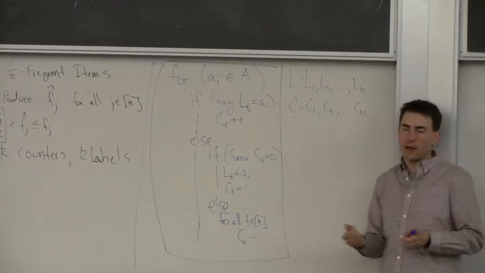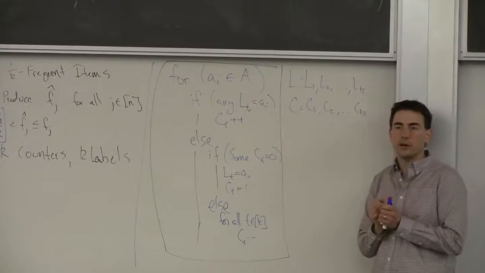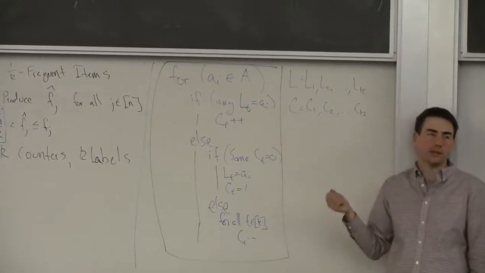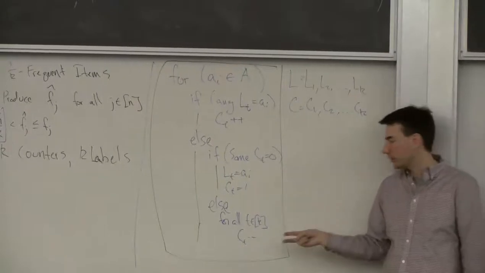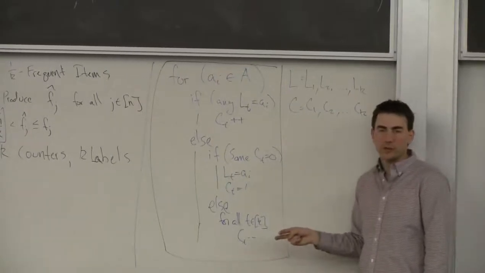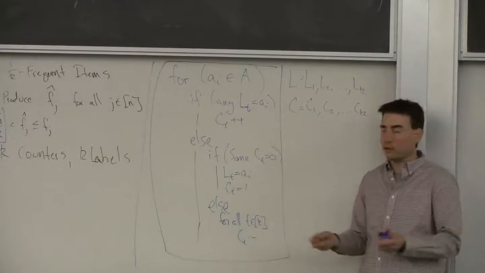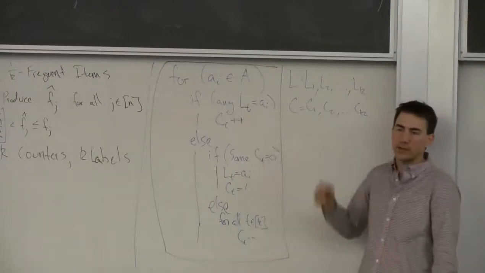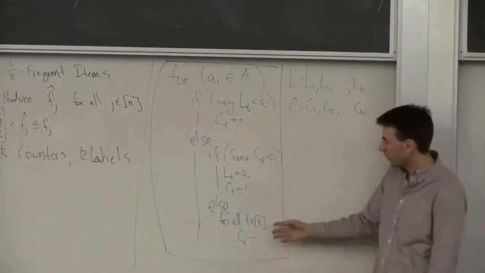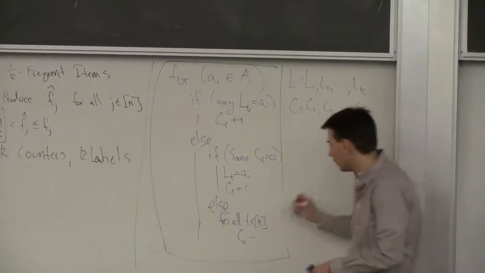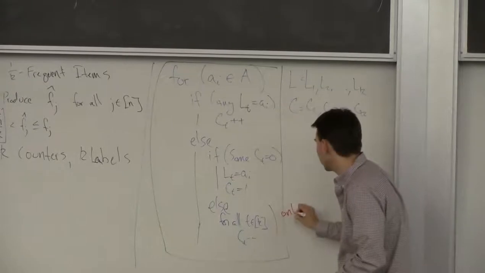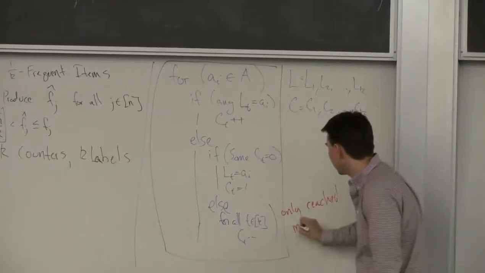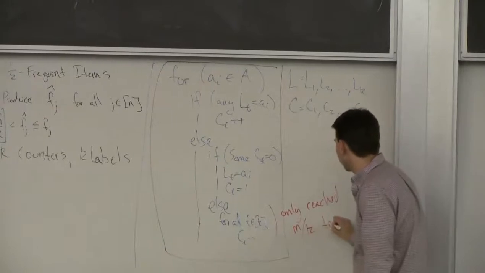In fact, there are k things that I'm removing. Okay, so if I remove k things, and there are only m things total, I can only do this m over k times. Otherwise, I would have removed more things than I ever put in the counters. So this was only reached m over k times.